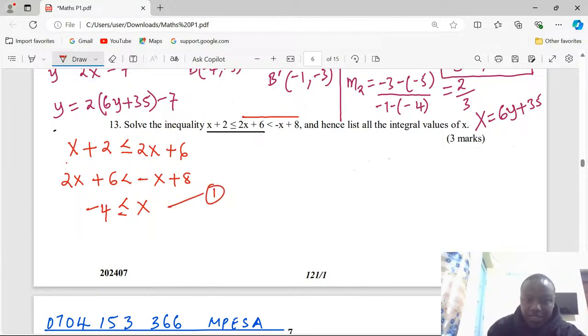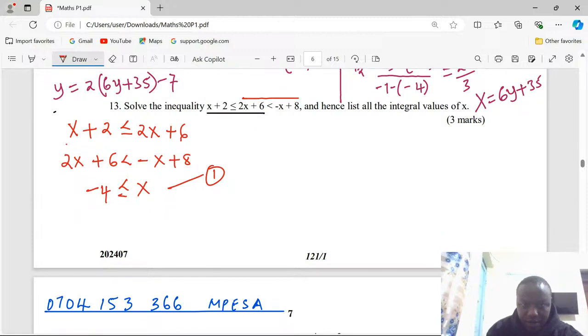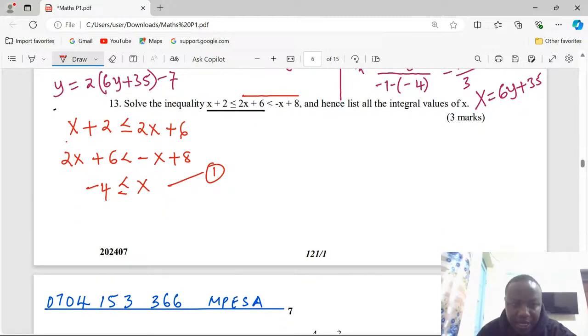We can also reduce the other one, whereby we say 2x, we can now bring the -x to be added, and this will be 3x less than 8 minus 6. 8 minus 6 becomes +2.